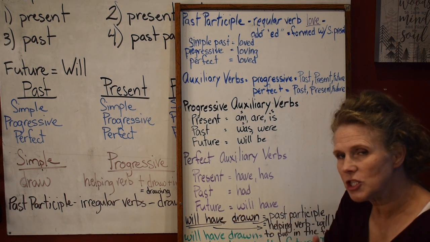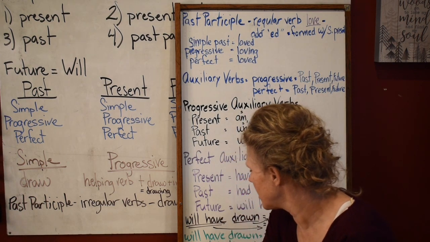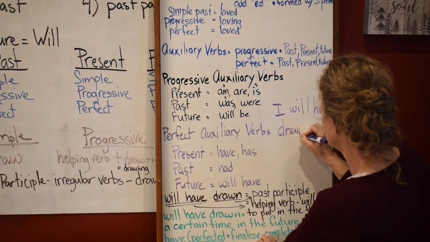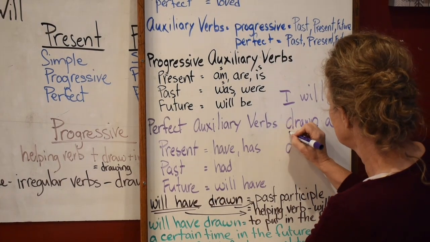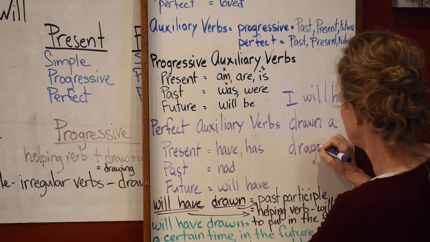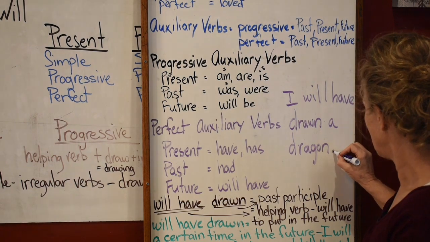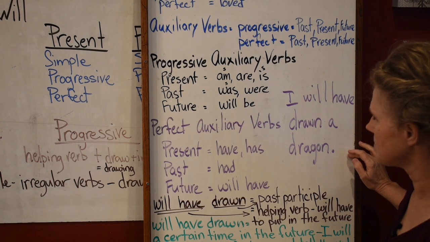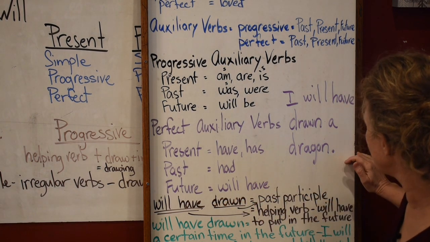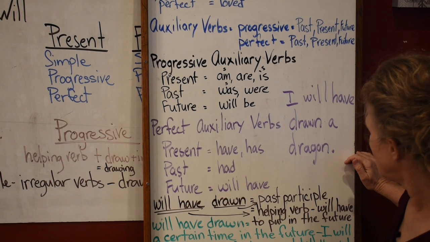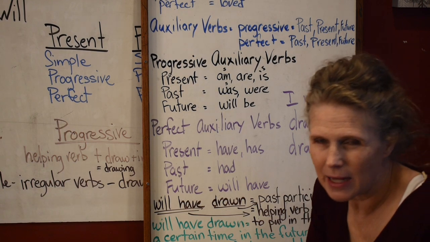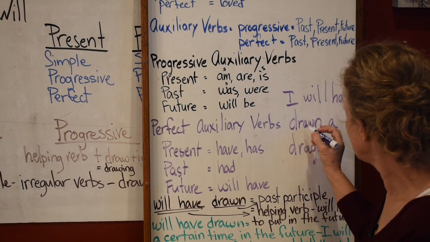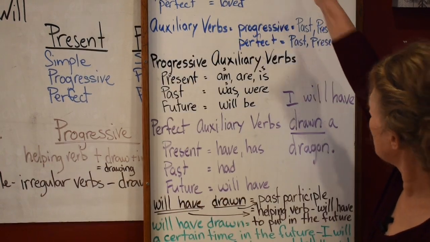Okay, so the question is, can you please elaborate further on I will have drawn a dragon? Okay. So this is what the question is. I will have drawn a dragon. Well, how are you going to will have drawn a dragon when it's in the past? This right here is your past participle.